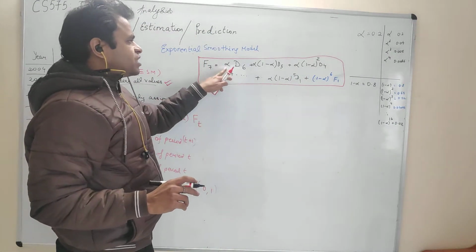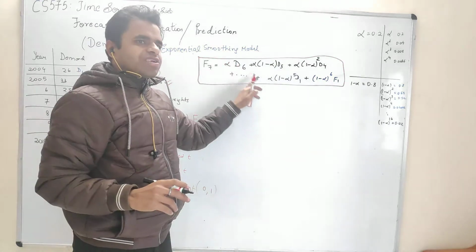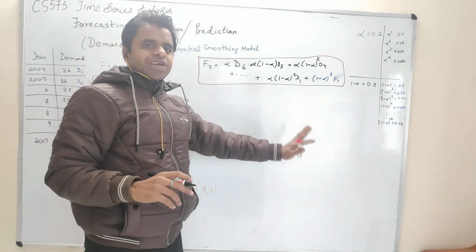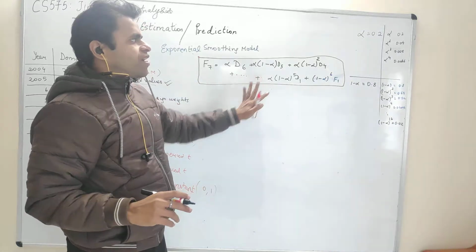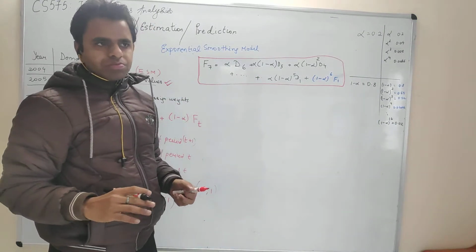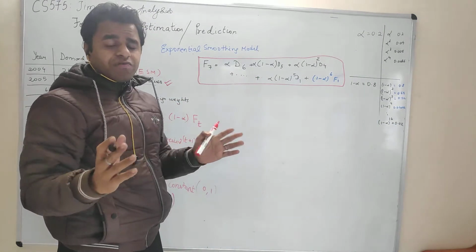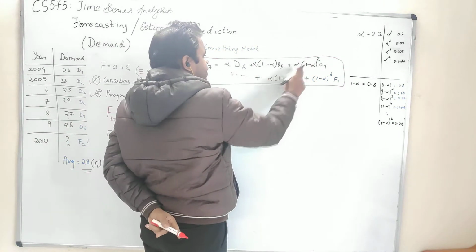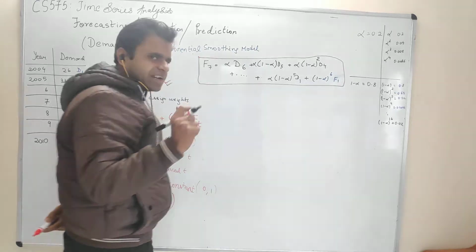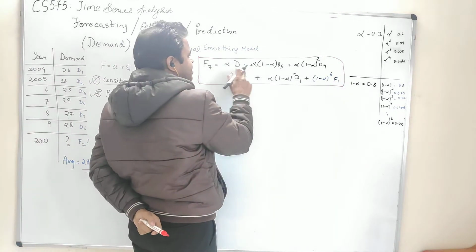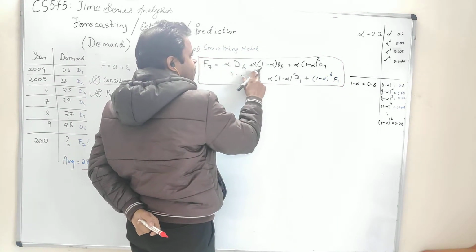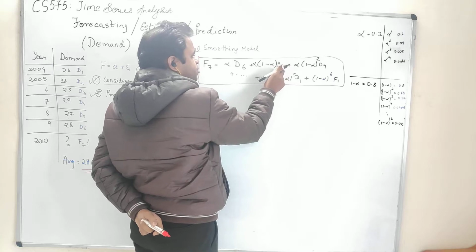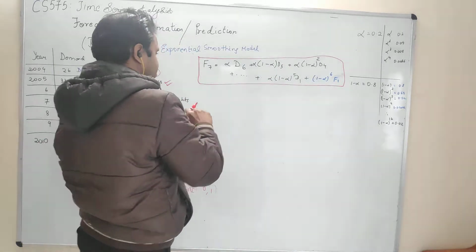So we have also seen in the previous lecture why alpha cannot be 0, cannot be 1, cannot be less than 0, cannot be greater than 1. So now we have alpha as 0.2. Again, between 0 and 1, what is to be chosen, we will see that. Now if you see only the D terms, as we saw in the weighted average example, these are the weights. Alpha into 1 minus alpha is the weight associated with D5.